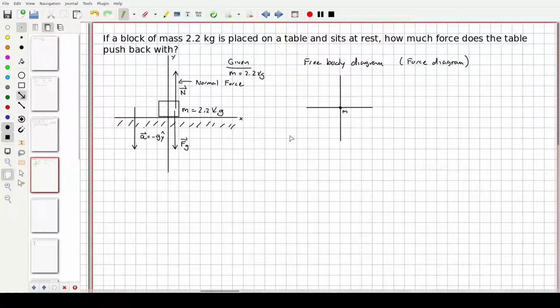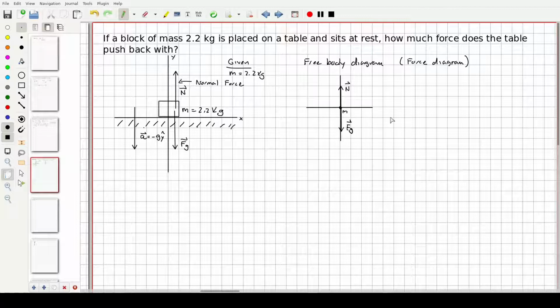There are two forces acting on it. One force trying to pull it straight down to the ground, and one force pushing back on it due to the contact. Okay. So you have two forces here, the normal force and also the force due to gravity.